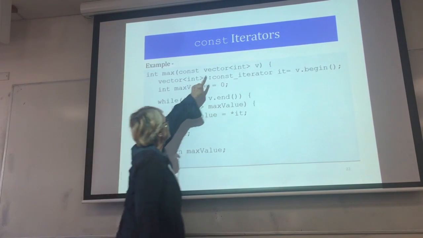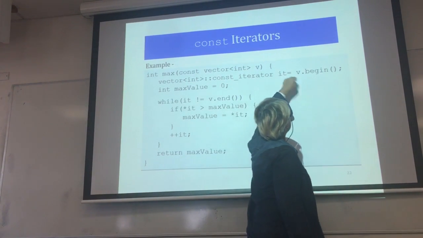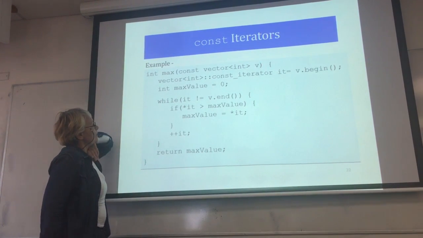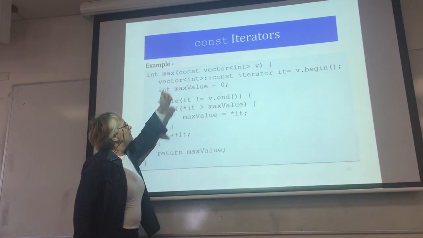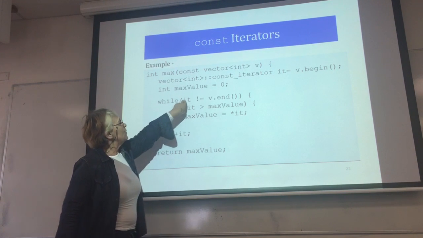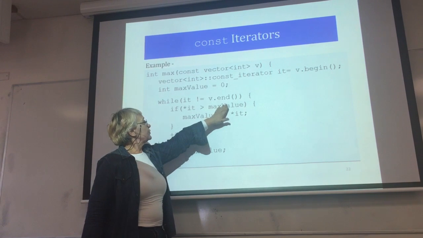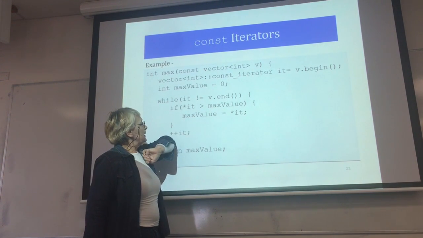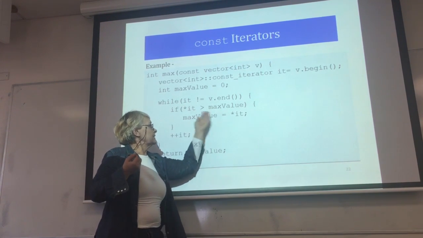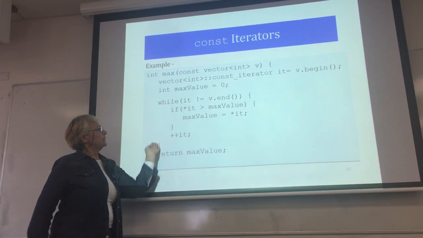And in order to work on this constant, we have to declare our iterator of this type, set it to that value, and then set max value to 0, which is not the best approach, and then go till the end of the iterator, compare what it was read with the maximum so far, and if the current value is larger, we set the maximum value by copying and move to the next location and return what we get after we finish the while loop.